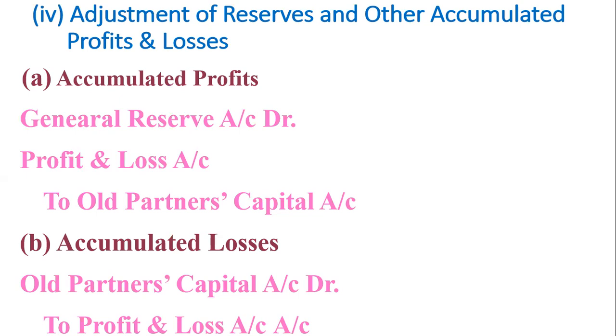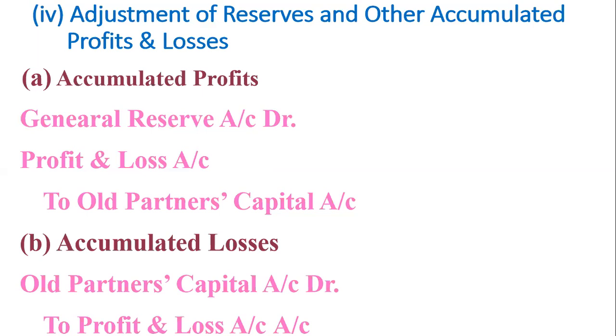The next one is adjustment of reserves and other accumulated profit and loss account. This tells us that whenever there is a change in the composition of the old partners, before admitting a new partner, whatever has been accumulated by the old partners in the business in the form of general reserve or profit and loss account will be shared by the old partners in the old ratio, because it is their own profit.